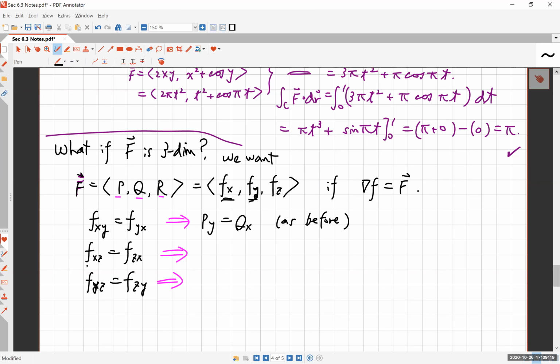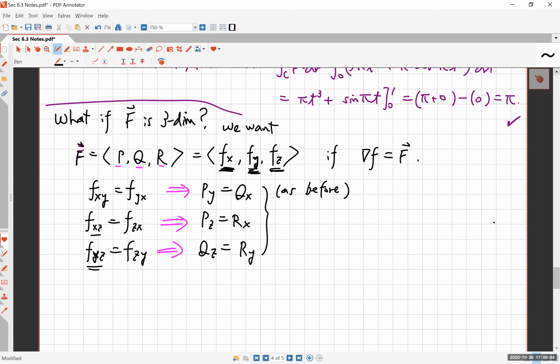This time I have fxz, that would be this with respect to z, that's Pz, must be equal to fzx, that would be Rx. And then f sub yz, that is Qz, must be equal to f sub zy, so that's Ry. That appears to be complicated, but all of these three statements must be true if the three-dimensional vector field capital F is to be conservative.